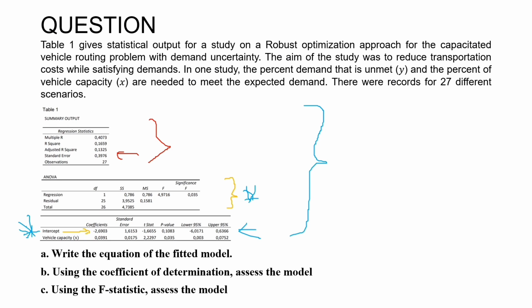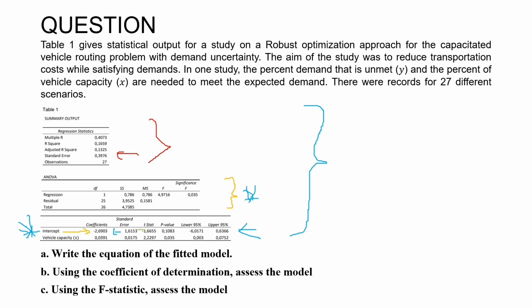This is the estimated value of the dependent variable when the independent variable, in this case the vehicle capacity, is 0. So it just shows us the value of the dependent variable when there is no vehicle capacity. The standard error of 1.6153 for our intercept coefficient measures the average amount of error in the estimation of the coefficient that was determined over here.